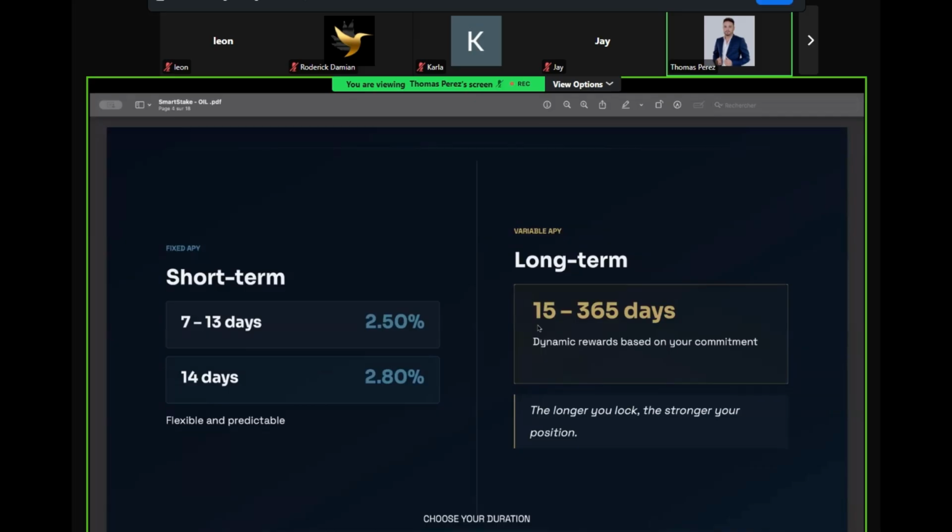And this is where things become way more powerful. Because the moment you go above 15 days, you enter a dynamic system. Your rewards are no longer fixed. They depend on your weight in the system. And this is where strategy begins. Short term gives you flexibility, but long term gives you leverage.